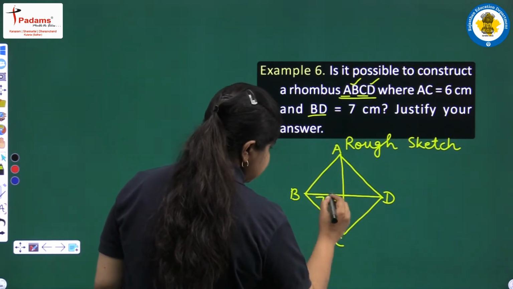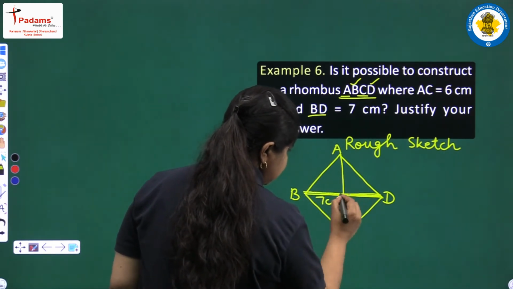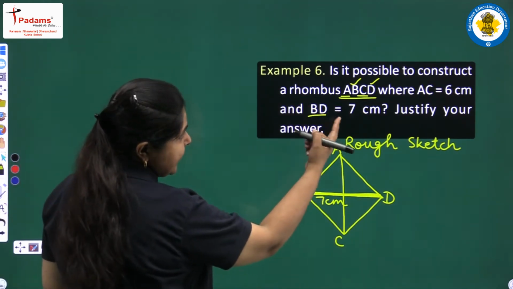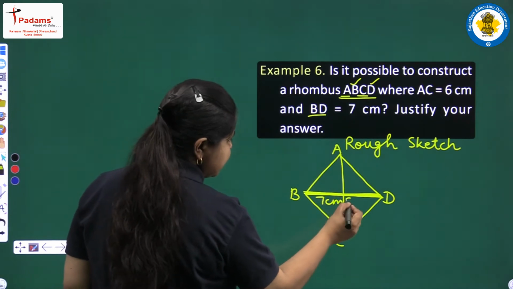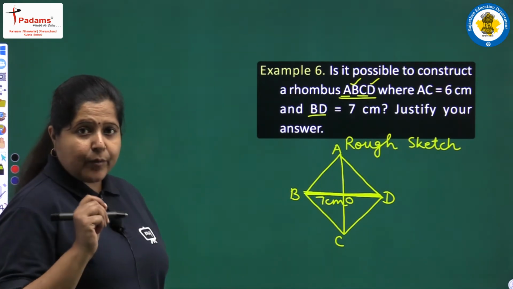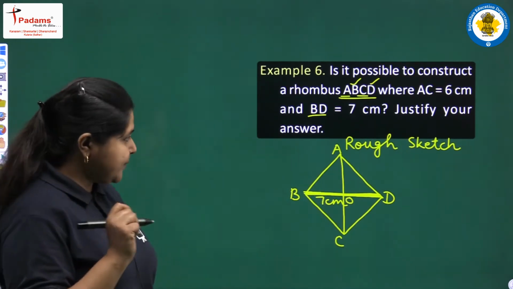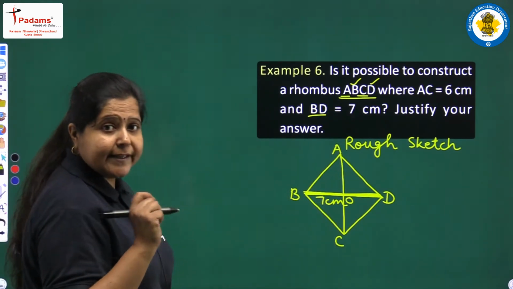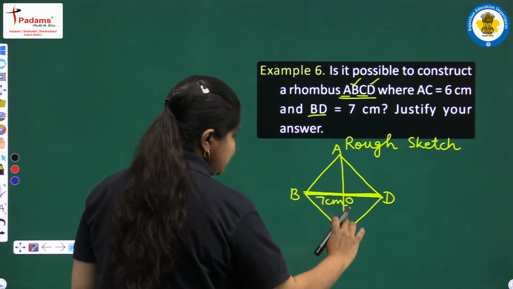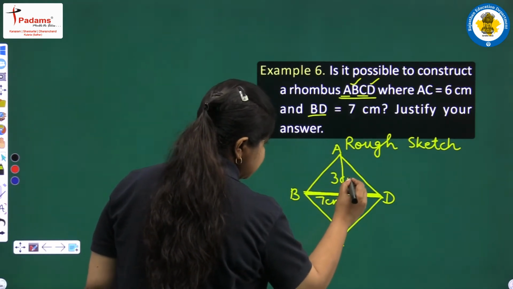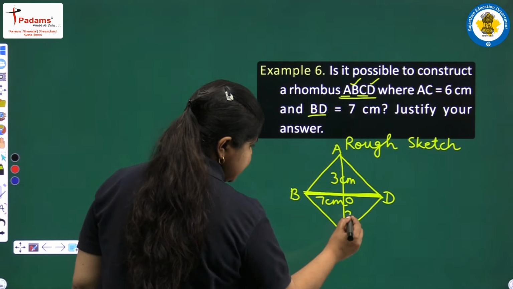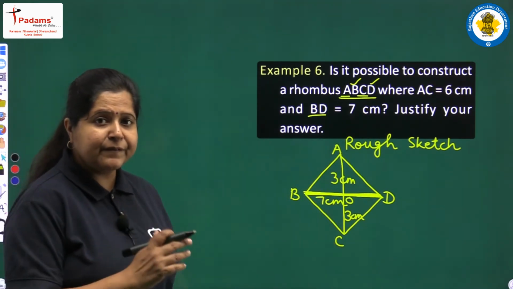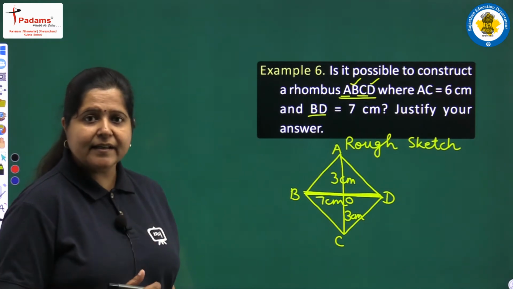This complete length BD is 7 centimeter and AC is 6. Let me name the intersection point of the two diagonals as O. Since AC is completely of length 6, we can break it up into two parts, 3 centimeters above BD and 3 centimeters below BD. And now this will be helpful to us in constructing the rhombus.